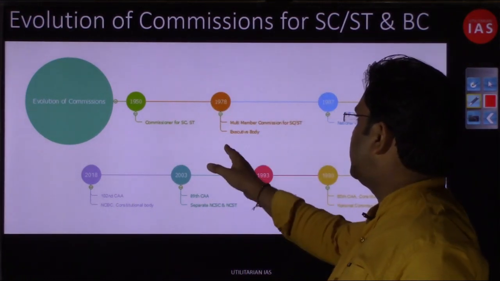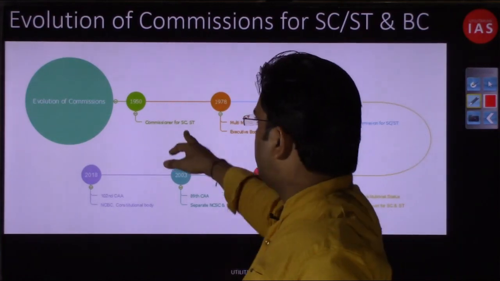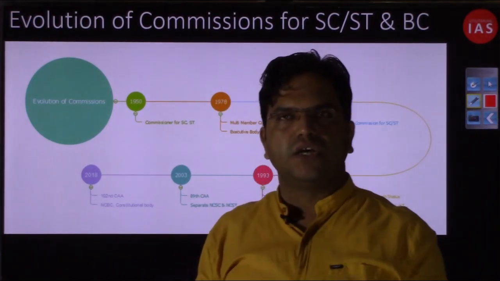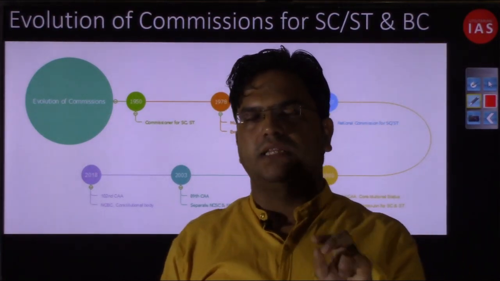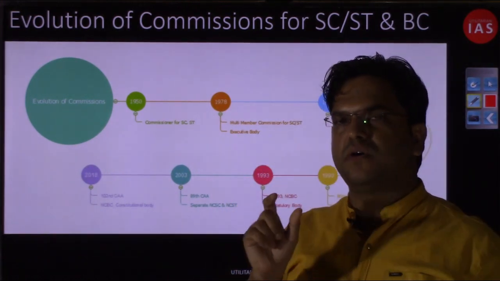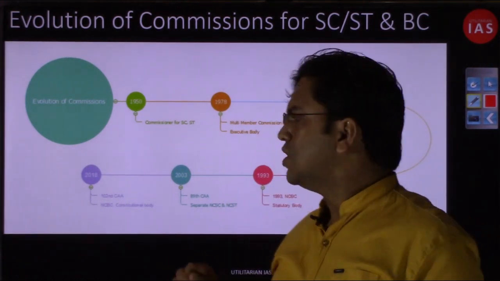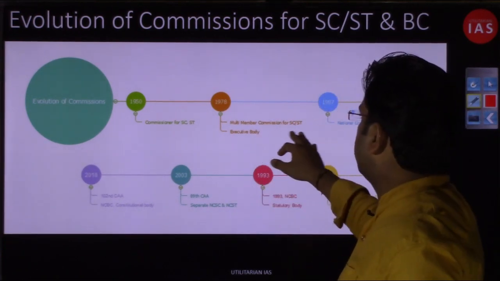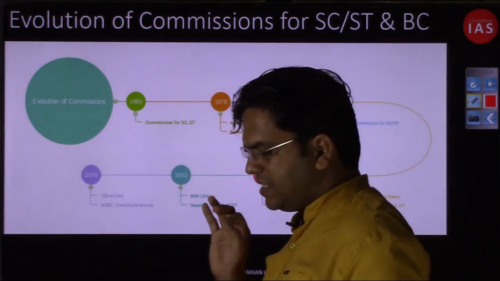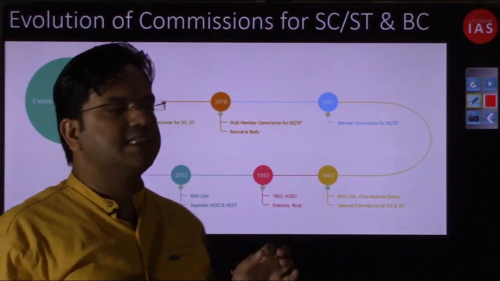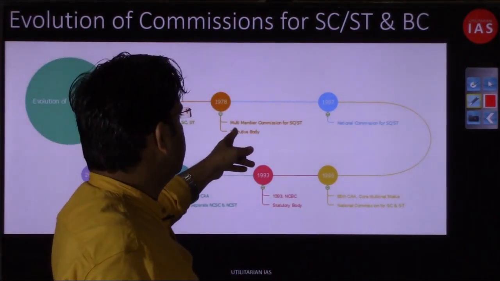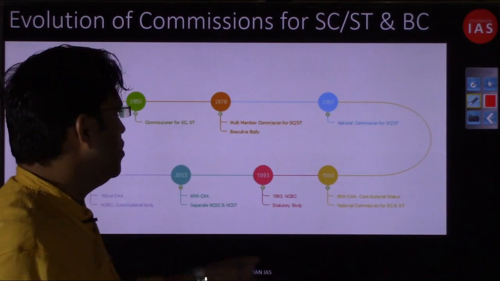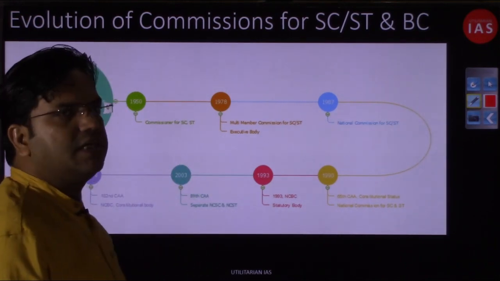Until 1978 it was a single member body, and the designation of that special officer was commissioner. That body will still be headed by a commissioner, but in 1978, by executive resolution, it was made a multi-member body. So that was something that happened in 1978.